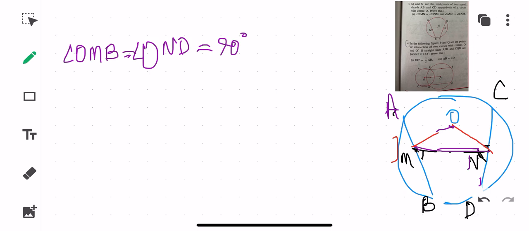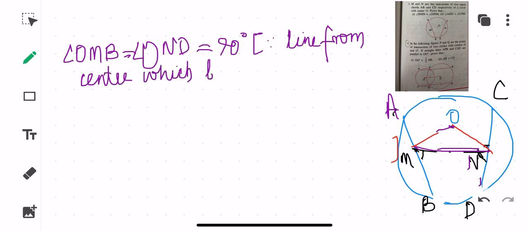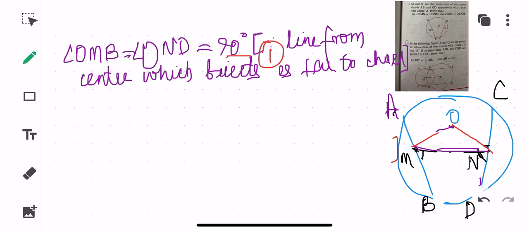For that you will be writing, since the line from center which bisects the chord is perpendicular to the chord. So this is also a theorem. So now you will be writing angle OMB is equal to angle OND. So this you might be taking as equation number 1. So this is an easier way that I am telling you, children.